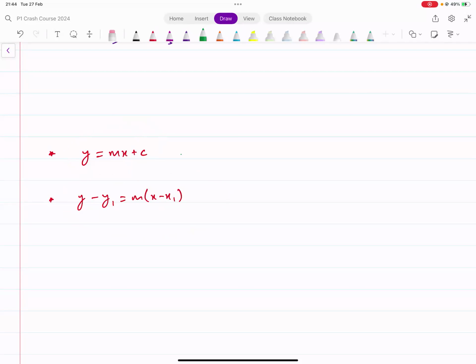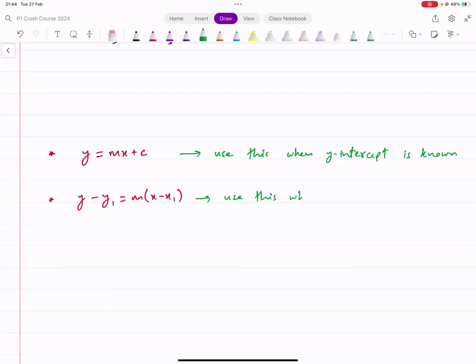However, the first one is going to be more efficient when the y-intercept is known. In that case, the first one is going to be more efficient. And in every other case, the second one is going to be more efficient.